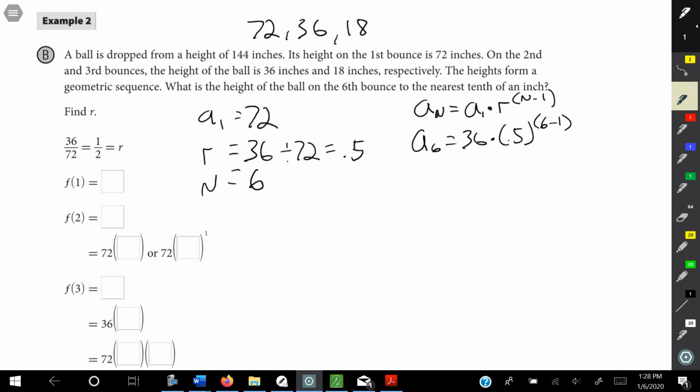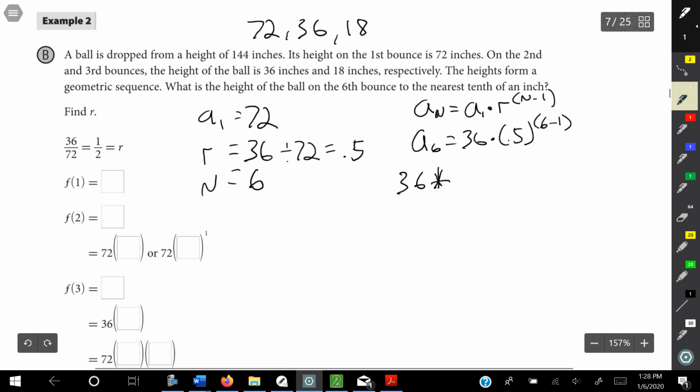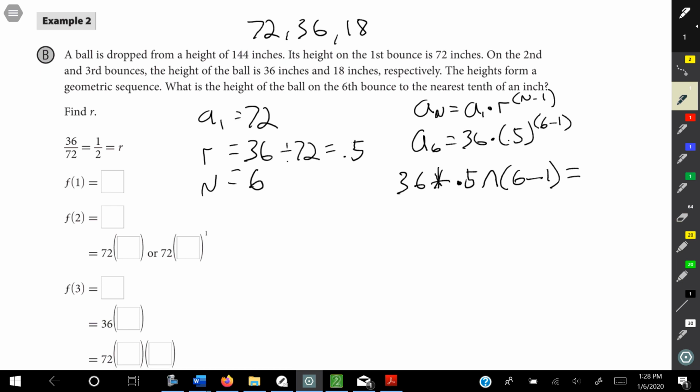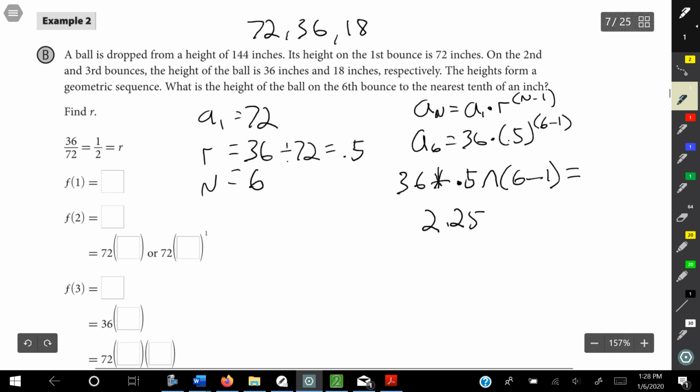And then we're going to type this in the calculator just like it says: 72 times 0.5, caret, open parentheses, 6 minus 1, close parentheses, then hit equal. Once you do that, you'll end up with 2.25. And since we're rounding to the tenth of an inch, we want to say it is about 2.3 inches.